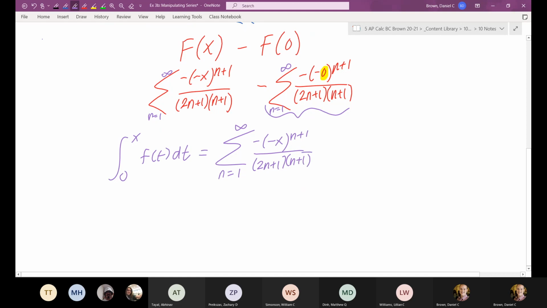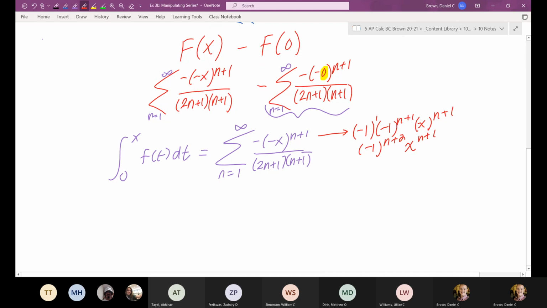Could you simplify that expression if you wanted to? You could, yes, and maybe we might, just for the fun of it. That numerator, we have -1 to the n plus 1, x to the n plus 1. So simplifying it, that's -1 to the n plus 2, x to the n plus 1.